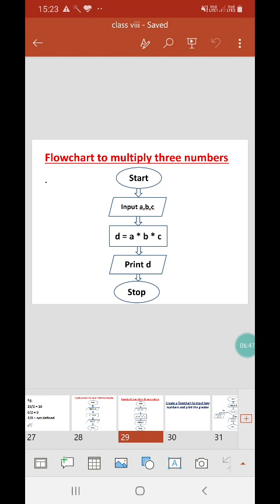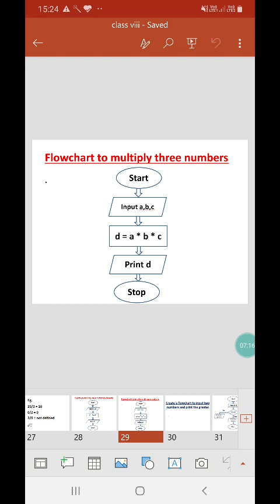Okay, arrow marks denote the input process, and I have inputted the numbers A, B and C. I have taken three numbers, and A multiplied with B. In the next step I am processing the data, that is, it is in the shape of a rectangular symbol. It is a process symbol, and I am multiplying all the three numbers, A multiplied with B, A multiplied with C, and the result is stored in the variable D.